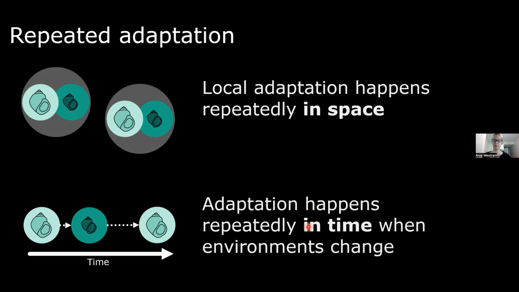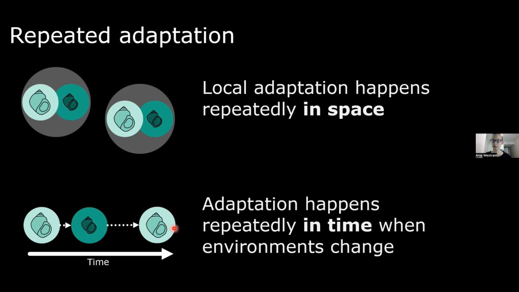So you have similar environmental contrast in many places, and local adaptation happens repeatedly in space. But also local adaptation happens repeatedly in time because environments change over time. So where there's a crab ecotype now might be a wave environment in the future, and maybe the crab ecotype will change to a wave ecotype or the other way around.